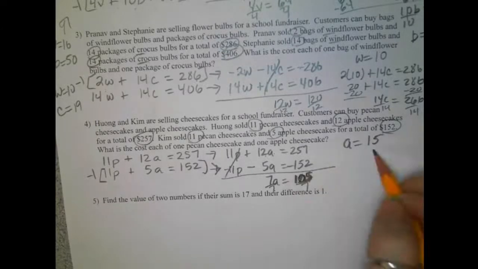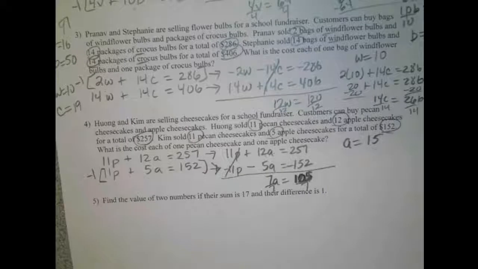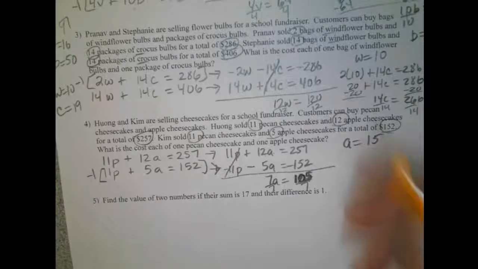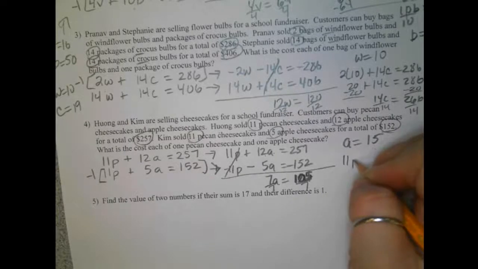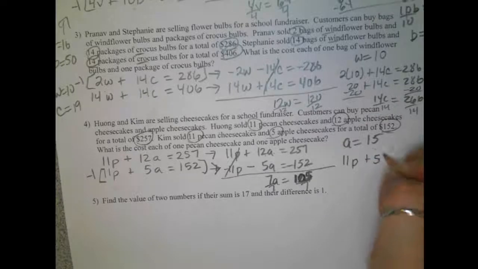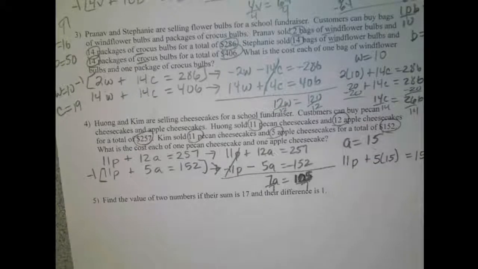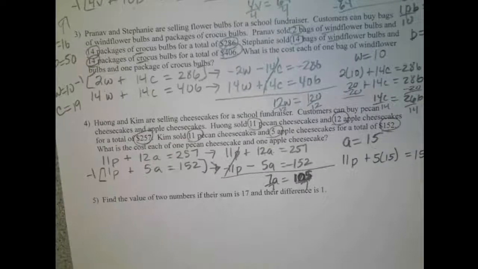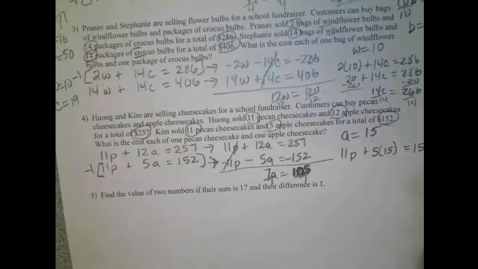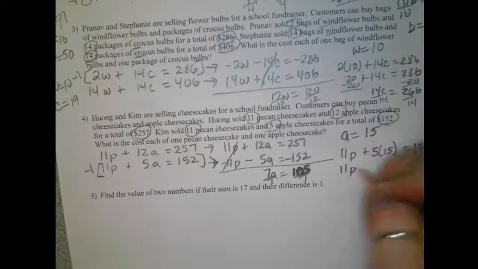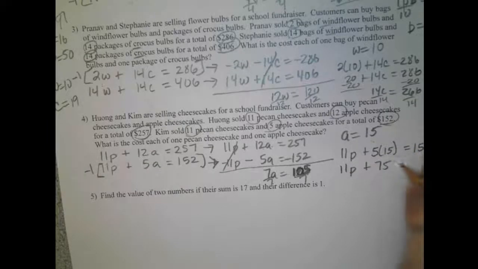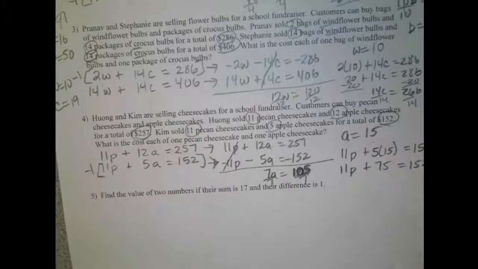So then I'm going to take my a equals 15 and substitute it into one of these equations. I'm going to say 11p plus 5 times 15 is equal to 152. Yes, I'm going quick, but you guys should know how to solve an equation now. So 5 times 15 is 75. So 11p plus 75 is equal to 152.